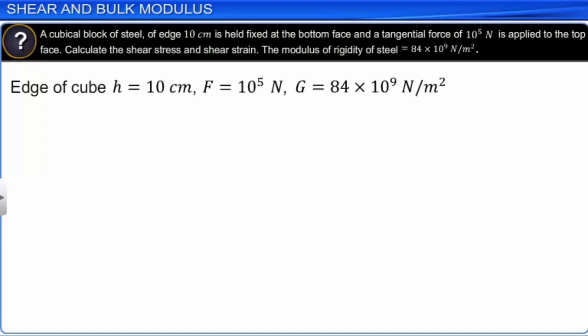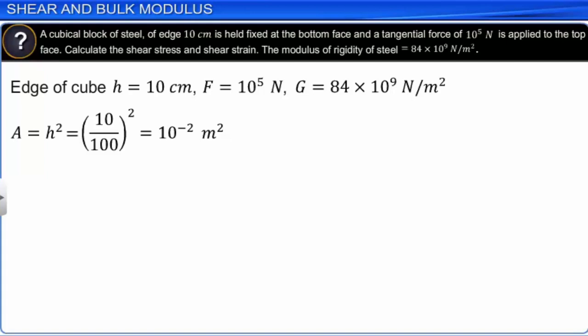Shear stress is the ratio of the tangential force F to area A. Substituting the values of F and A, we get shear stress to be 10 to the power 7 newtons per meter square. The modulus of rigidity is the ratio of shear stress to shear strain.